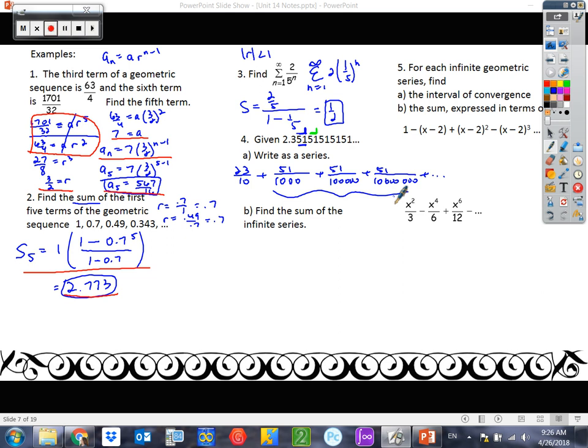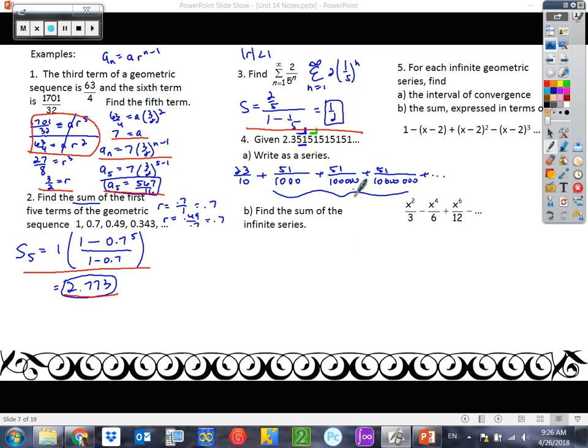So to be able to use this formula up here, and this was our non-negotiable, the formula and the answer, my absolute value of R has to be less than 1. We need to find out what R is. What do I multiply this by every time to get the next term? 1 over 100, right?